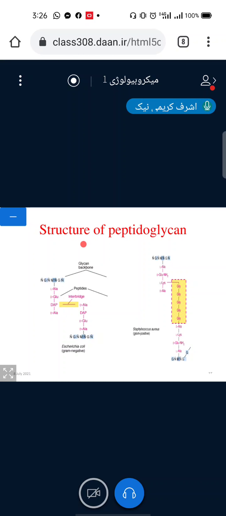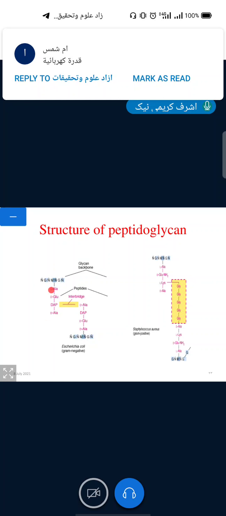This slide is the structure of peptidoglycan. Glycan backbone: N-acetylglucosamine and N-acetylmuramic acid in alternating form.